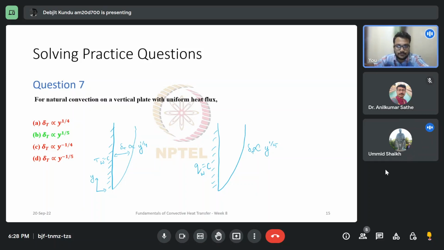So go through those lectures. I think it will be made more clear why it goes this way. Yes, it is shown at the end, in the third lecture. The negative powers would be incorrect by observation only, since we know that there is a finite thermal diffusivity. So with increasing y, the delta T would go on increasing as well. So the power of y has to be positive. Okay.